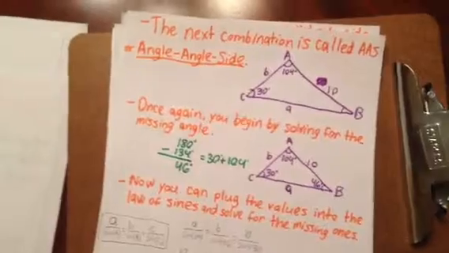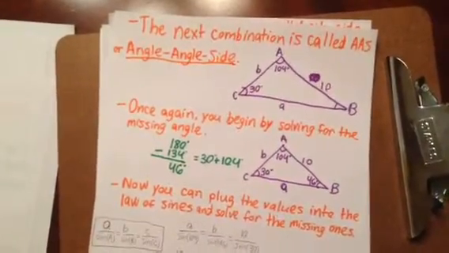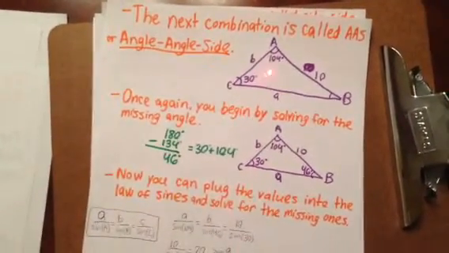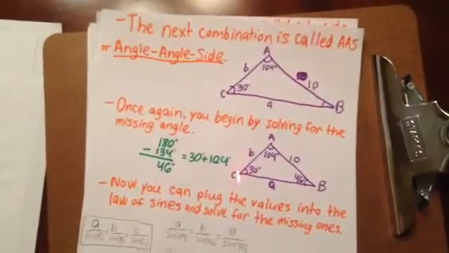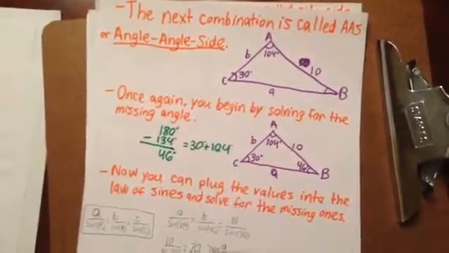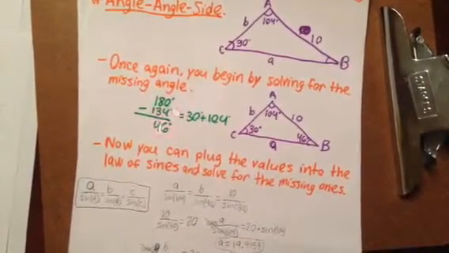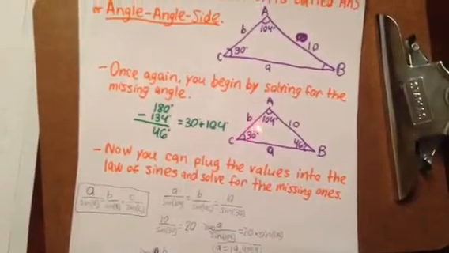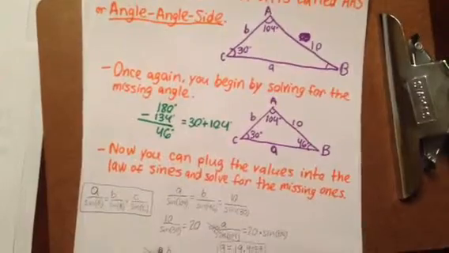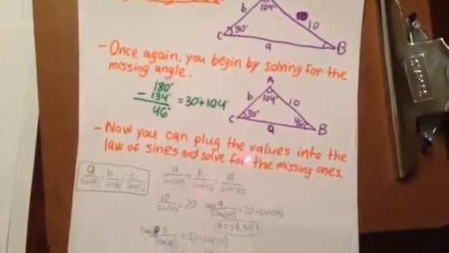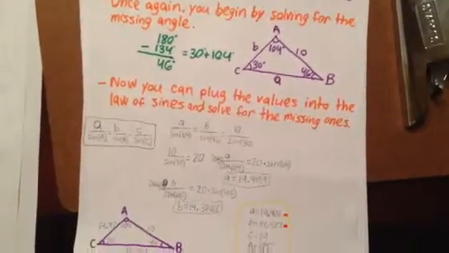Now the next combination is called AAS, or angle-angle-side. You're going to have two angles next to each other, then one side. Once again, you begin by solving for the missing angle. As I did here, I added those two together, subtracted from 180, and found 46. Now I can plug the values into the law of sines and then solve for the missing ones.